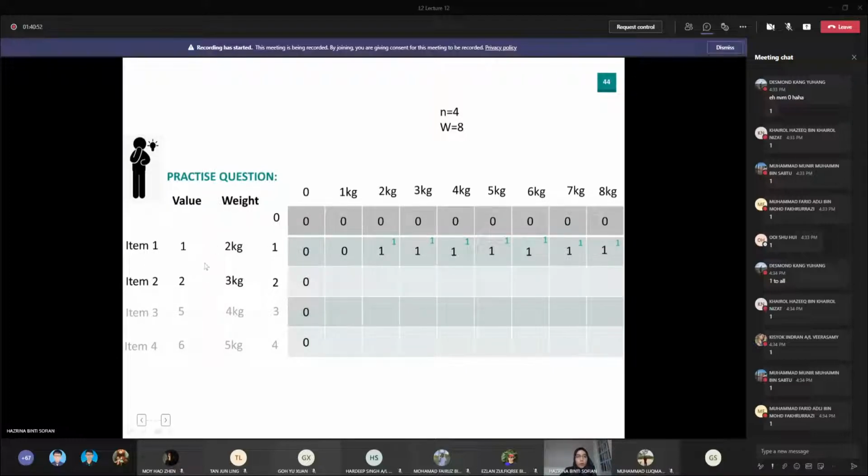Now we need to consider 2 items. For 2 items, for 1 kg of course it is 0. We already answered that. 2 kg is also 1. How about at a capacity of 3 kgs?